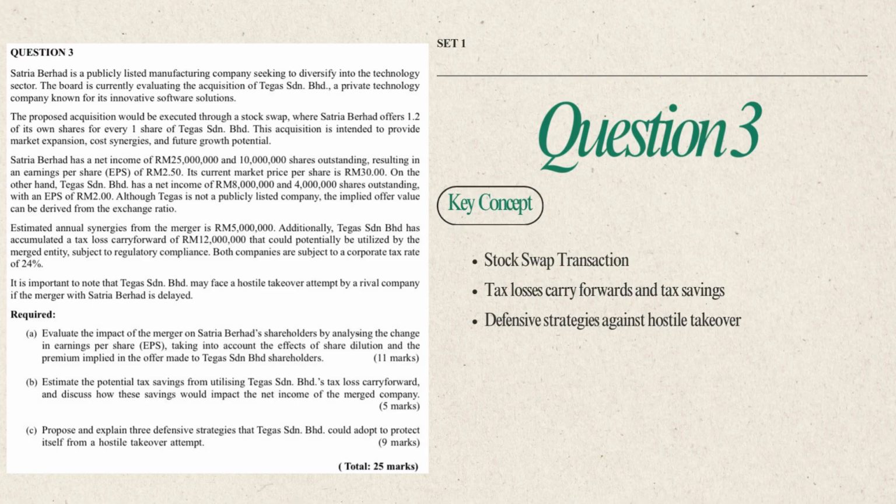In analyzing this question, we will focus on three key areas. First, stock swap transaction. We'll focus on how the stock swap transaction in the merger acquisition will affect the earnings per share (EPS) of Satria Berhad shareholders. Second, tax losses carried forward and tax saving.